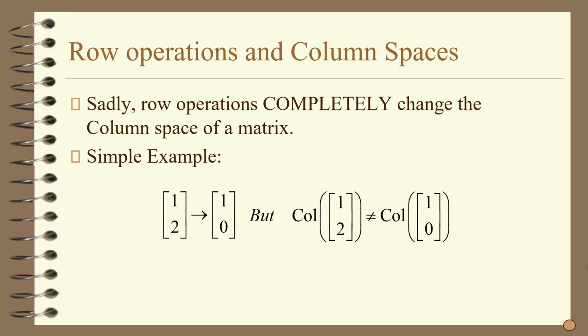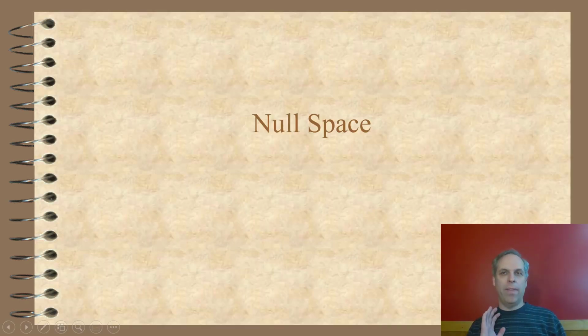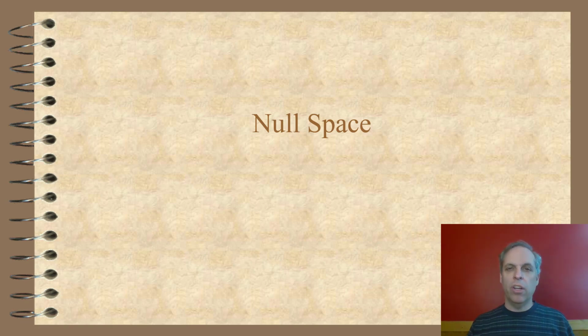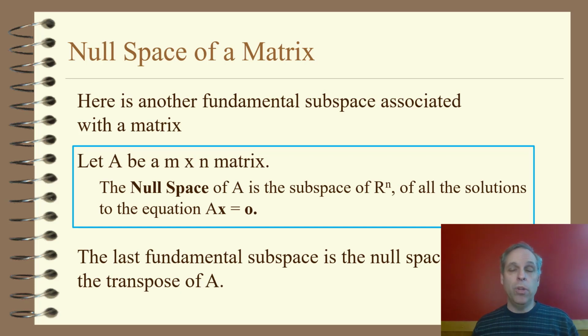Okay, now that we have the column space and the row space under our belts, let's discuss the third space, which is called the null space. The null space is the third fundamental subspace associated with a matrix. It's defined to be the set of all vectors x such that A times x gives the 0 vector. It sort of nulls out the vector.